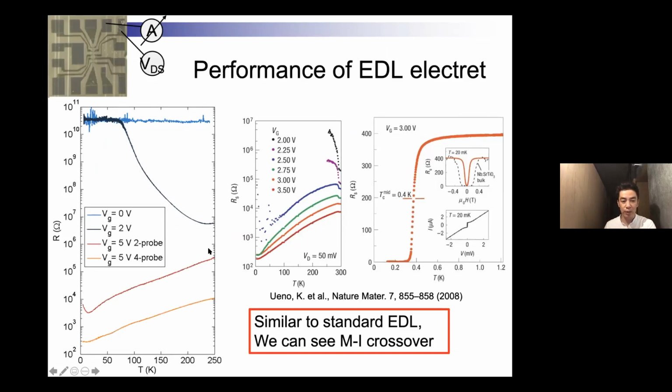And if you apply the voltage, then we can see metallic conduction. So even using this electrode, similar data can be obtained, and we can see the metal to insulator crossover like this.